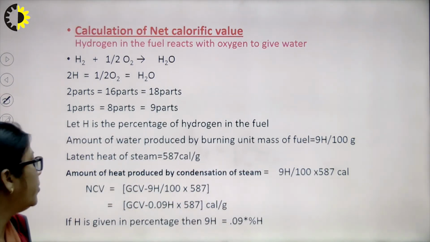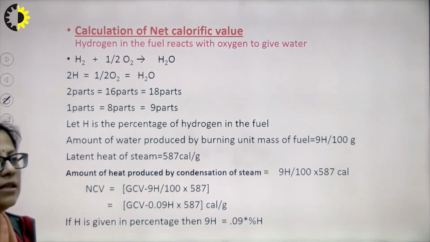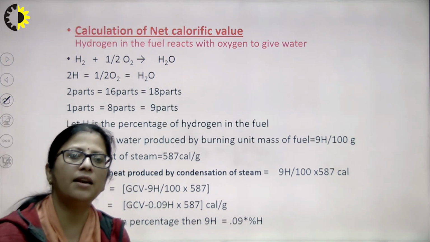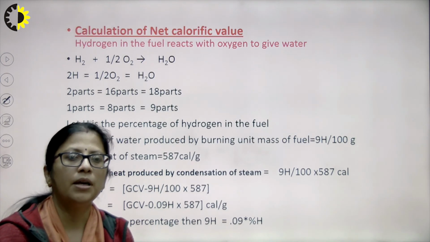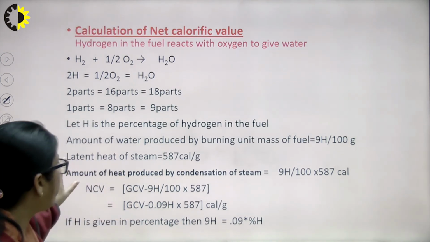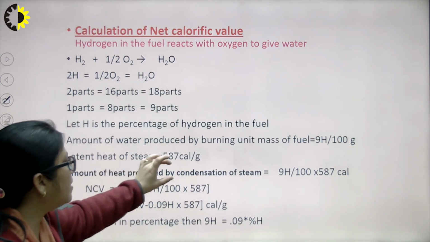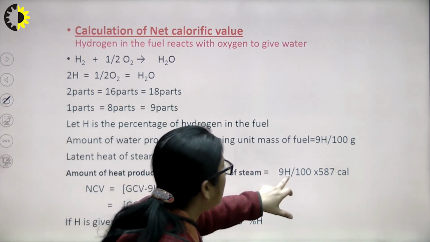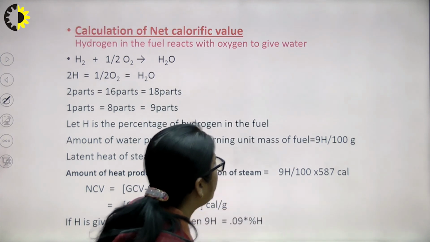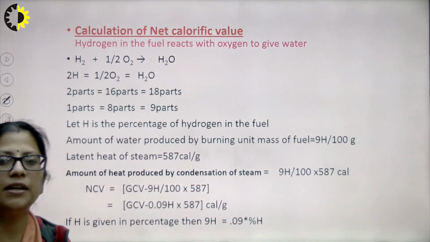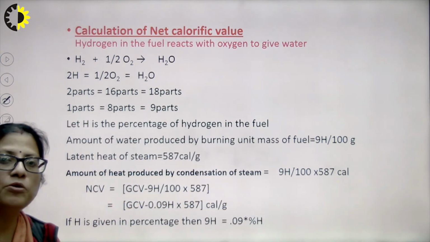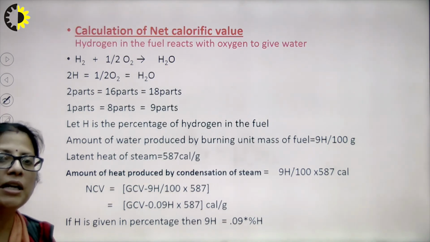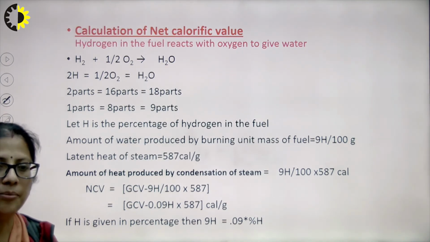And we all know that the latent heat of steam is equal to 587 calories per gram. Therefore, the amount of heat produced by the condensation of steam will be equal to 9H divided by 100 multiplied by 587 calories. This is the amount of heat produced by the condensation of steam.